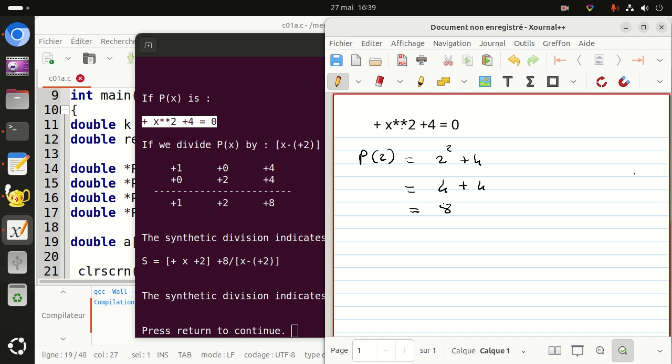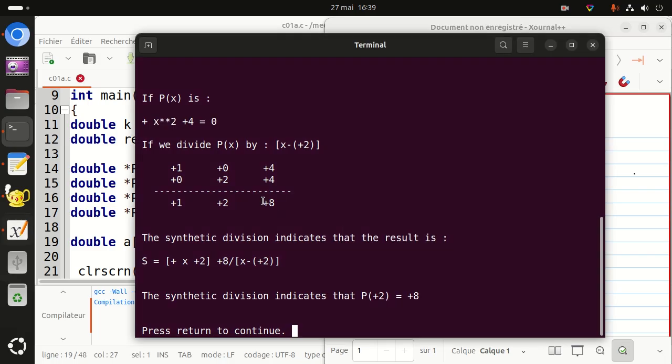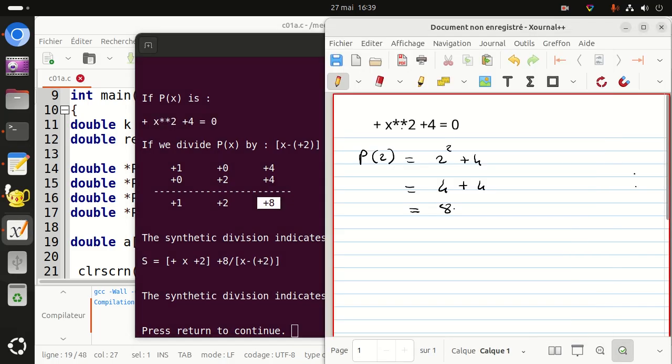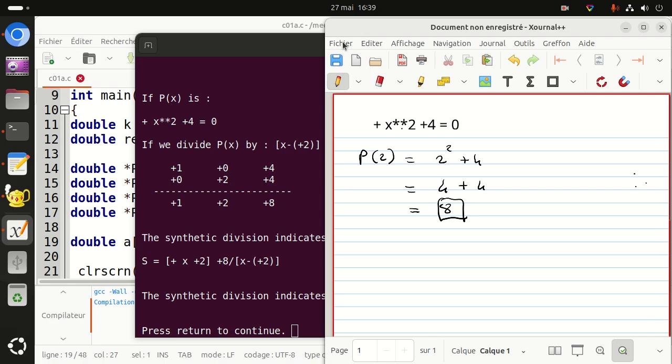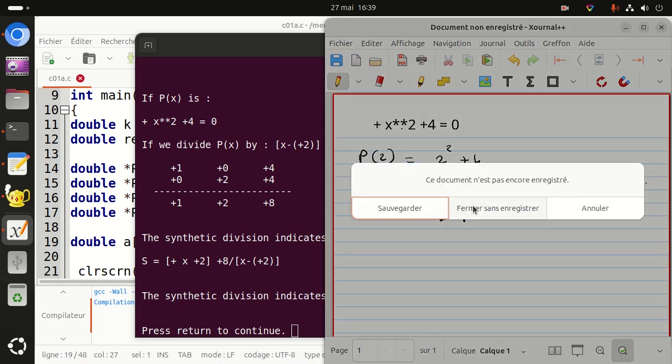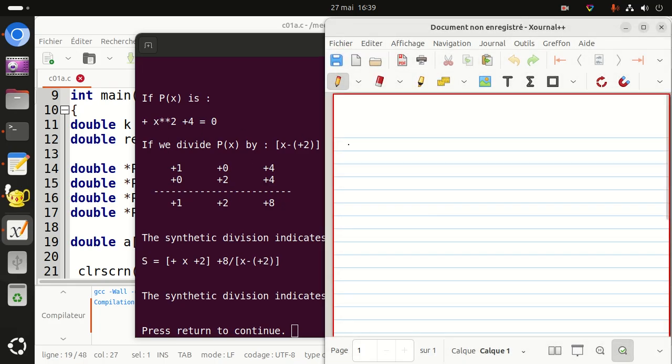This gives 8. This is the remainder that I found here. The synthetic division indicates that p of 2 equals 8. The polynomial is x squared plus 4 equal 0. Okay?